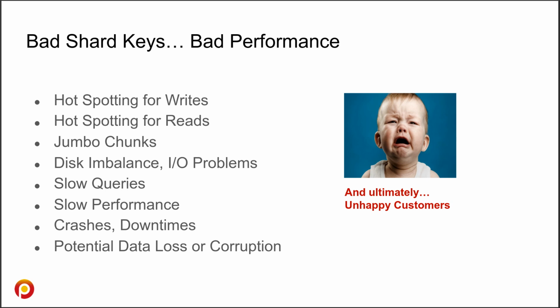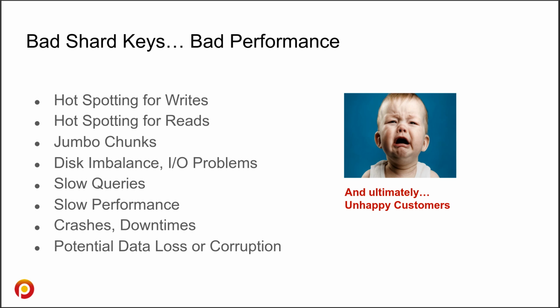It's going to go over the chunk size, and it's going to be unable to break it up easily. That can lead to disk imbalance problems, because a jumbo chunk can't get migrated, which then leads to I/O problems. You can see the cascading failures here: because of your disk imbalance, you start having I/O issues, which could lead to slow queries.